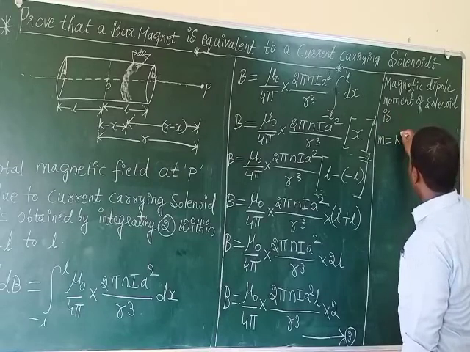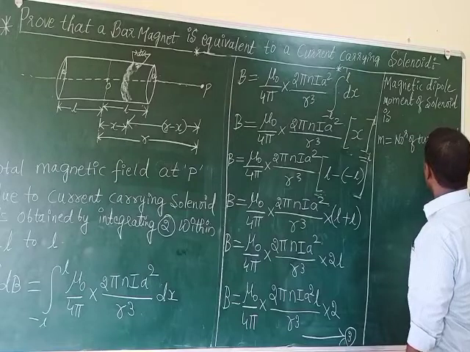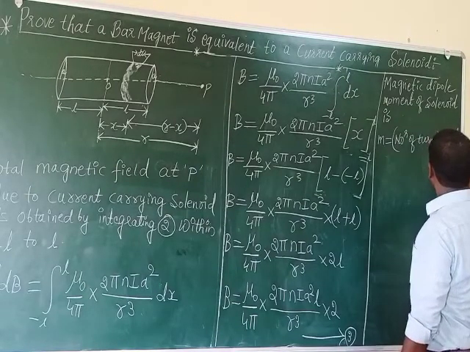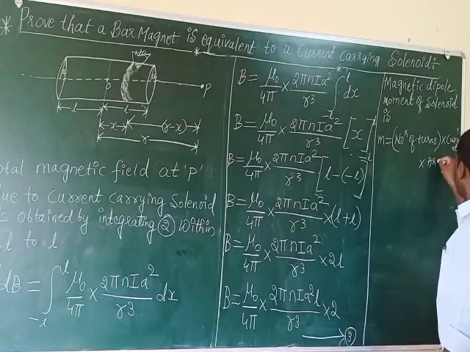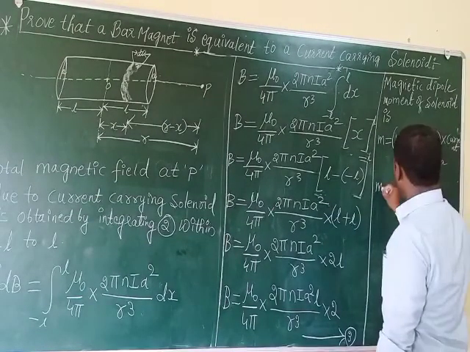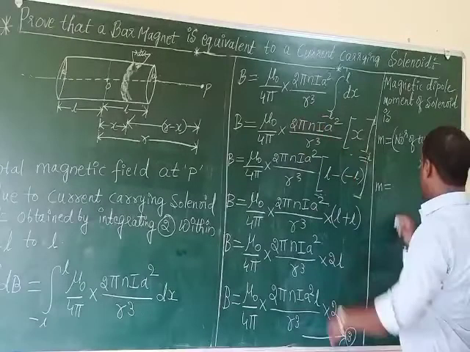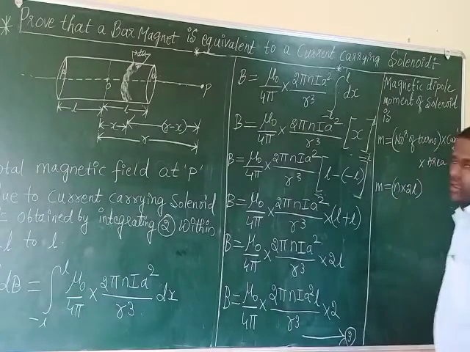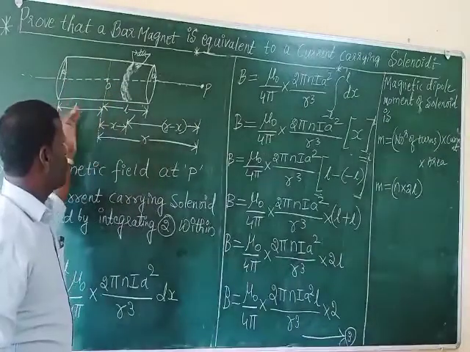The magnetic dipole moment of the solenoid is m equals number of turns into current into area. So the number of turns in this solenoid is n into 2l, number of turns per length, total length is 2l, l plus l.